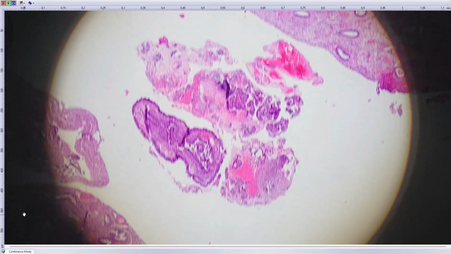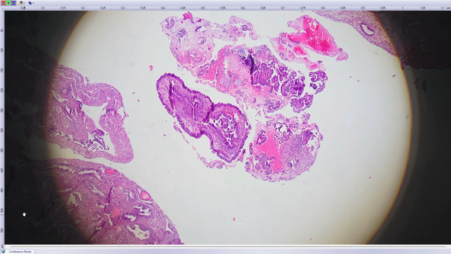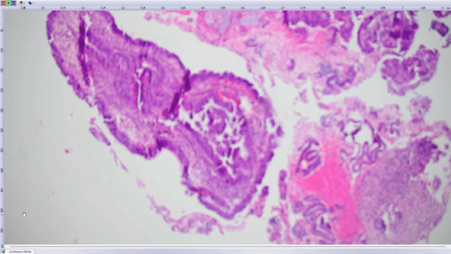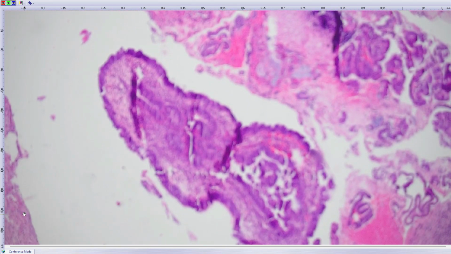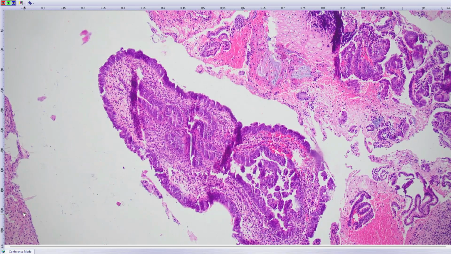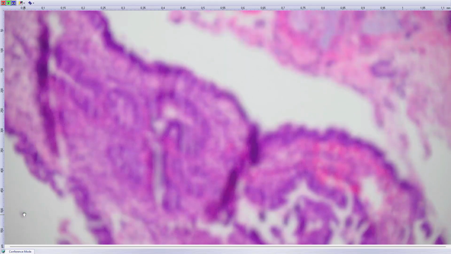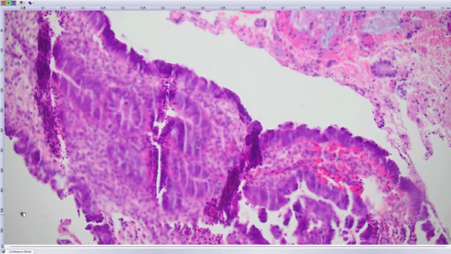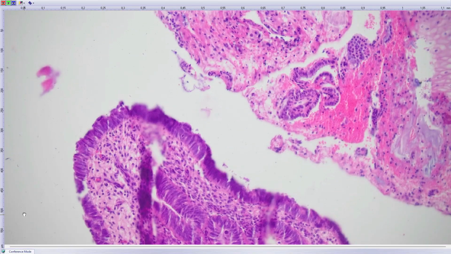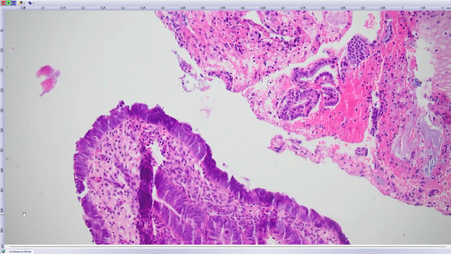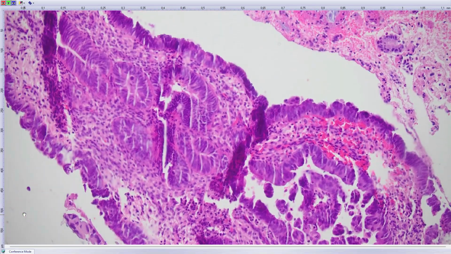And in this area, this is a little bit different. You can appreciate here high-grade cytological atypias. Serous carcinoma.